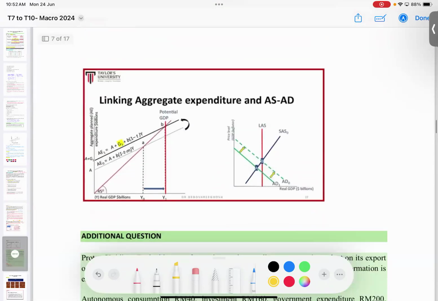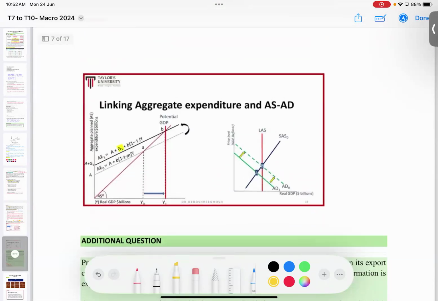It will be like this. First of all, you are at point A here, the blue dots, and this is your initial aggregate expenditure, the blue line. In case you're wondering how the aggregate expenditure looks like this, you need to watch back last week's recording.